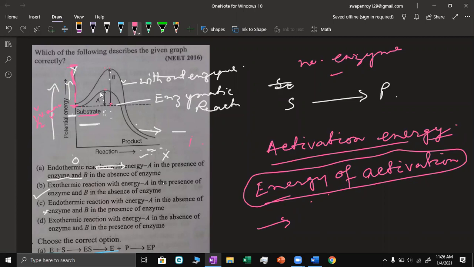So the enzyme reduces activation energy.